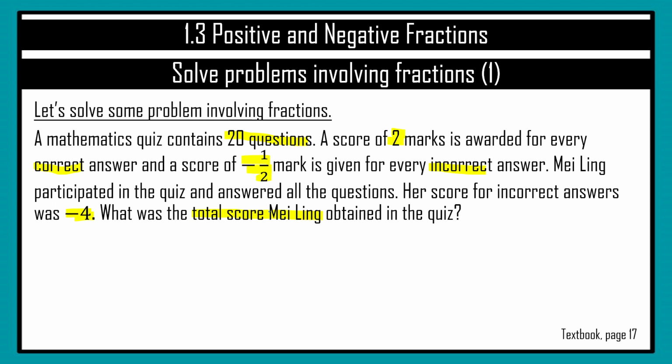Number 1, we know that the score for the incorrect answer is negative 4. So we want to know from that negative 4, how many incorrect questions.